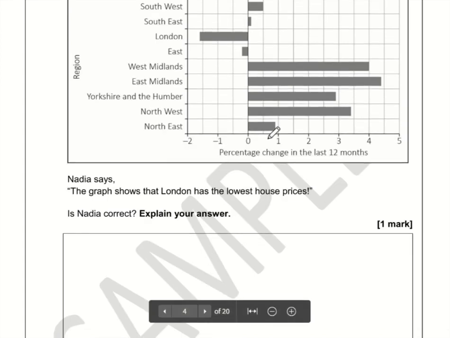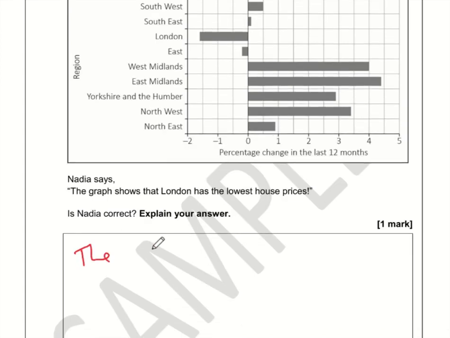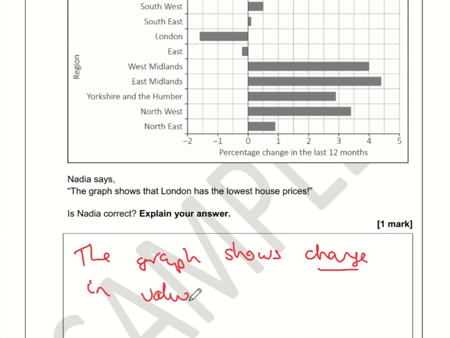So you could just say that the graph just shows a change in values, not house prices, or words to that effect.